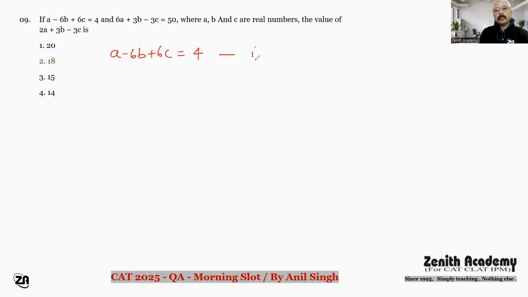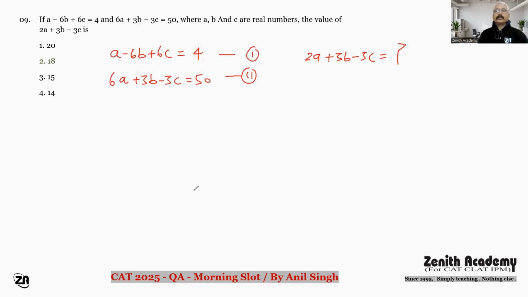Suppose this is equation number 1. And second equation is 6a plus 3b minus 3c is equal to 50. This is equation number 2. And a, b, c are real numbers. The value of 2a plus 3b minus 3c, this is to be found out.